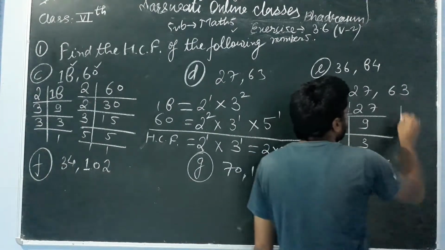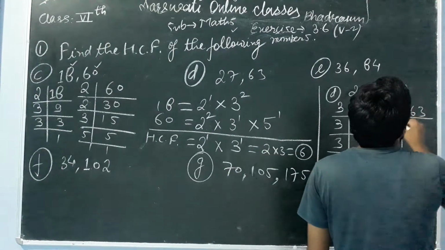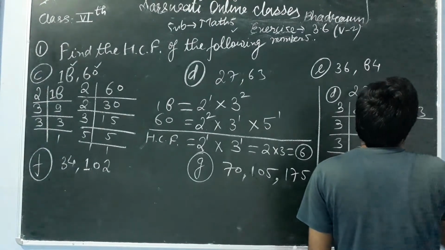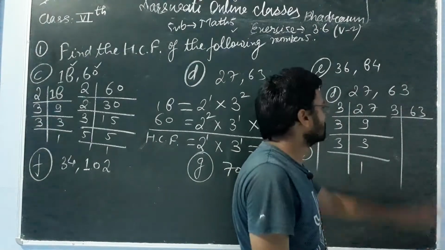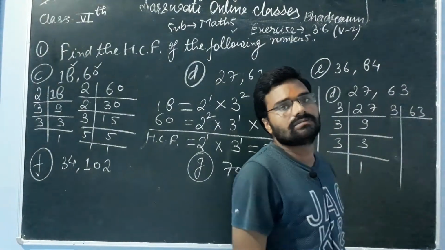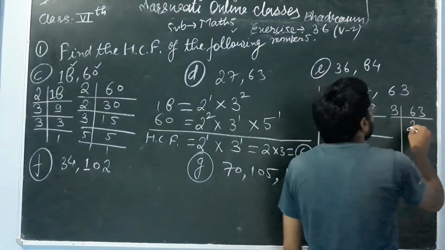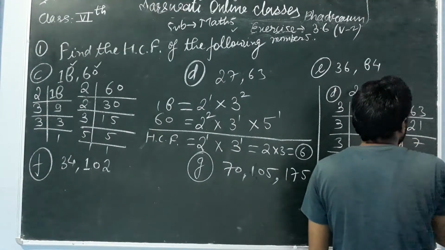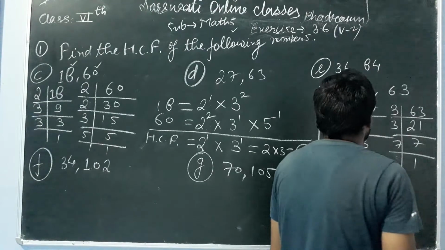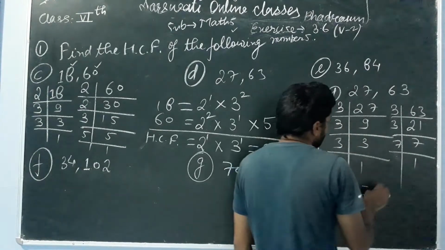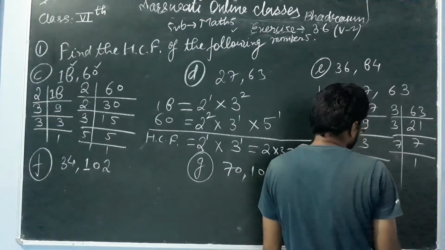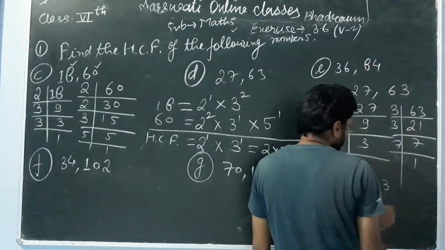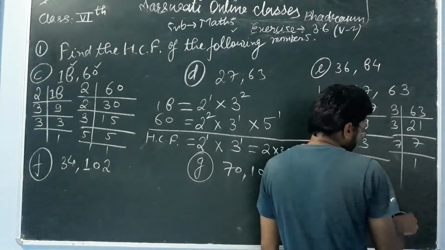Now we will go for 63. We divide this number by 3, because 6 plus 3 is 9 and 9 is divisible by 3. So 3 2s are 6, 3 1s are 3, again by 3, 3 7s are 21, again by 7, 7 1s are 7. Here 27 equals 3 to the power 3, and 63 equals 3 to the power 2 into 7.